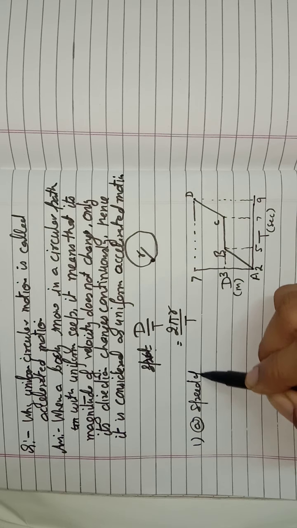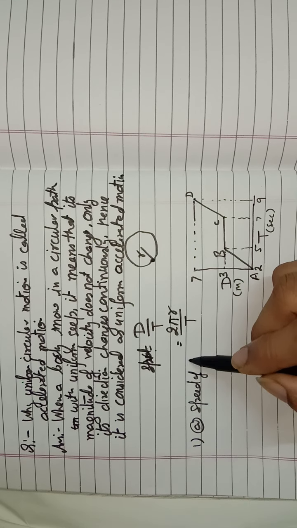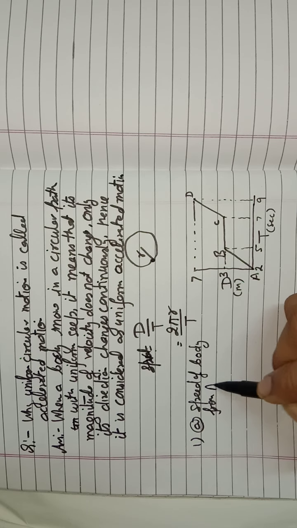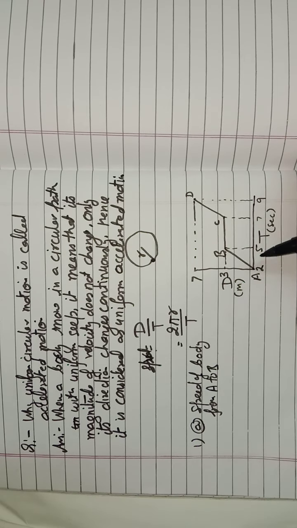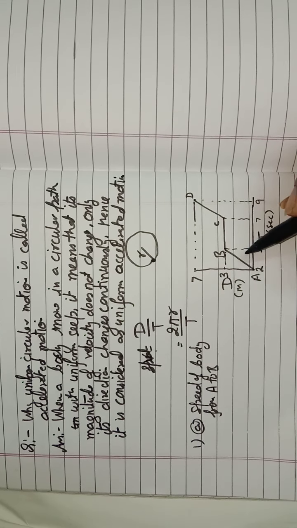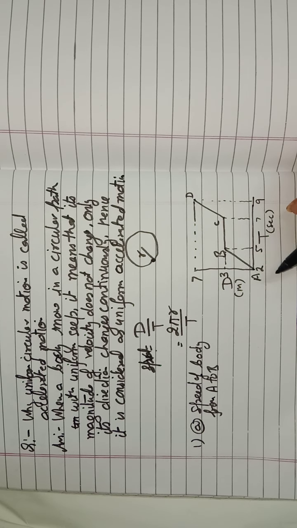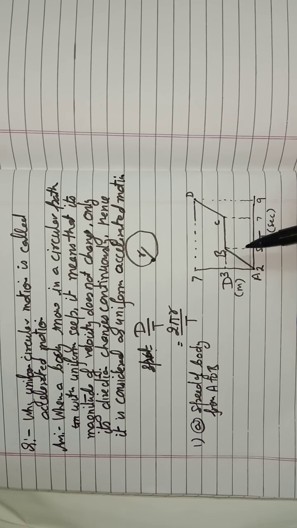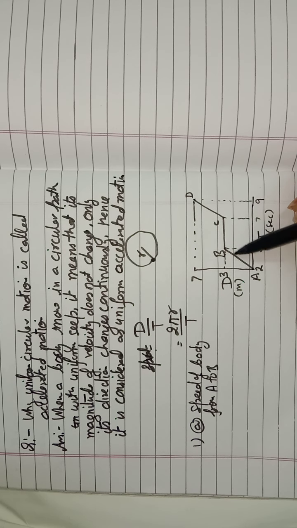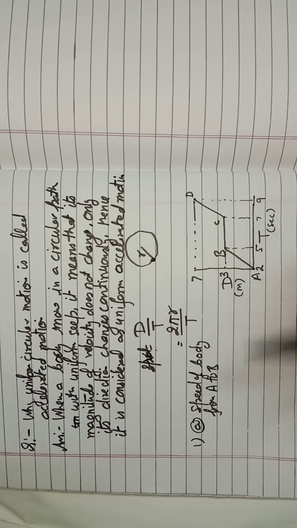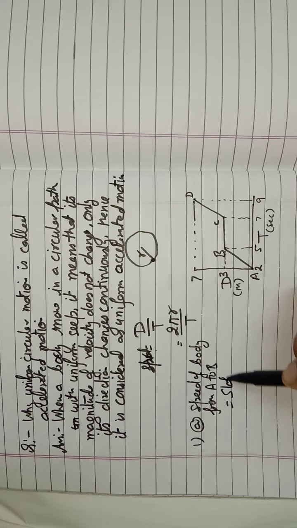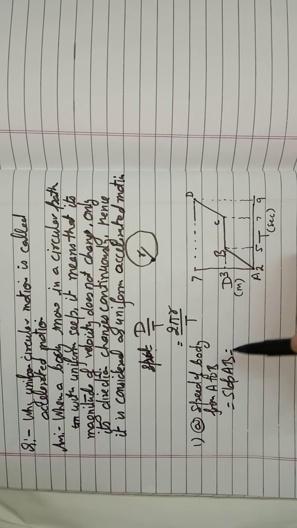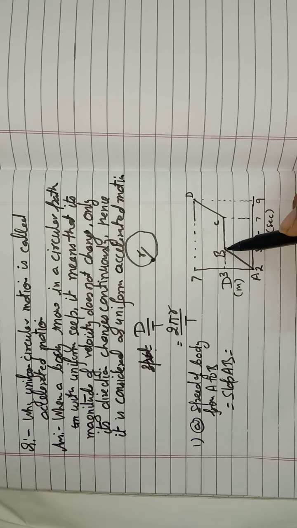The first question is: from this graph, find in part A the speed of the moving body from A to B. I have explained in last lectures that to find the velocity or the speed from the dt graph, you have to find the slope of the graph. This is called the slope AB. And what is slope? Slope is the perpendicular upon base. How much is this perpendicular?